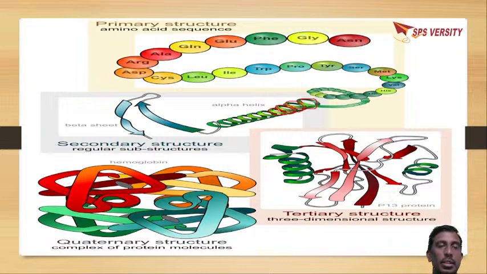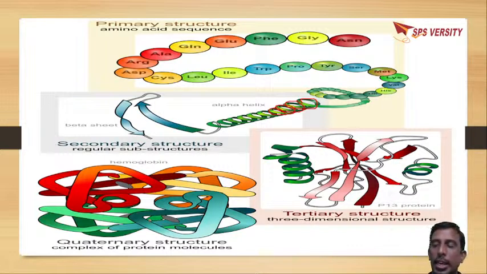In the tertiary structure, you can see still further foldings. And quaternary structure is still more complex than tertiary structure, which has more than one polypeptide.